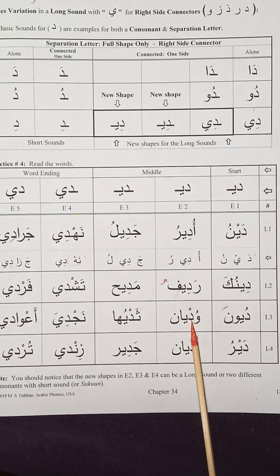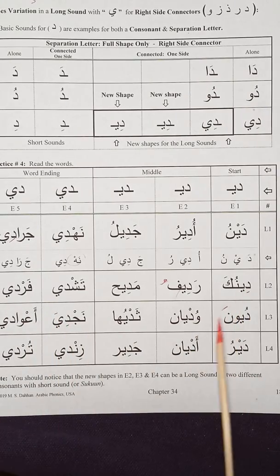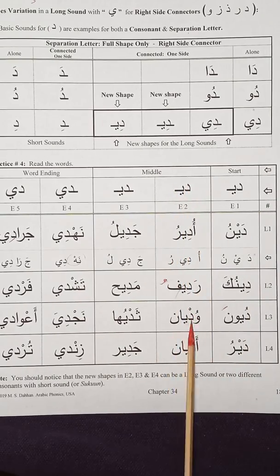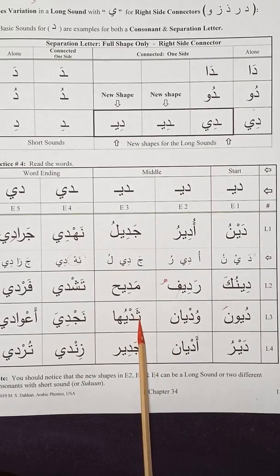This one has sukoon, and then the next one is totally different. This is a long sound right there, but both of them are consonants. If you don't know what I'm talking about, okay, again, would. That's one syllable, and the structure here, you see it right there in front of you, but it's very clear: this one is yeah because of this alif here. So this is a consonant, and this is a long sound. Would yan.